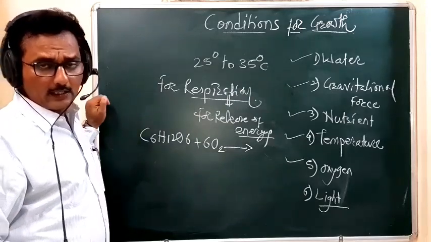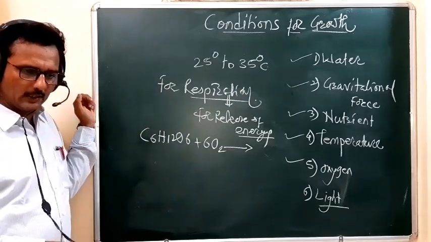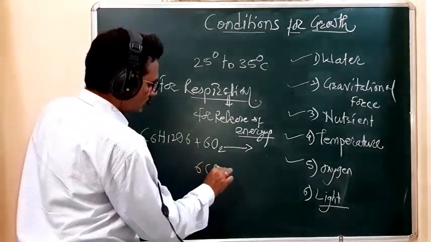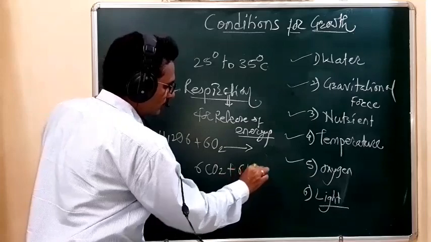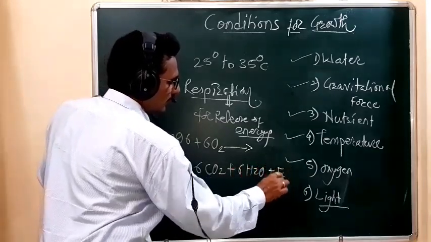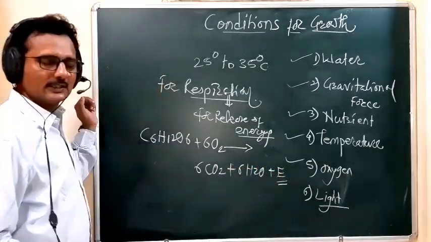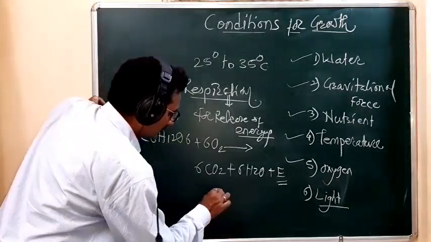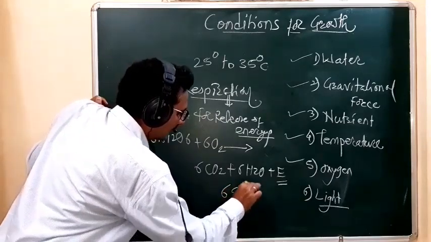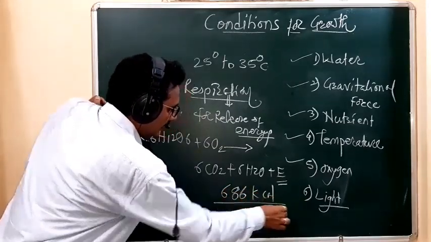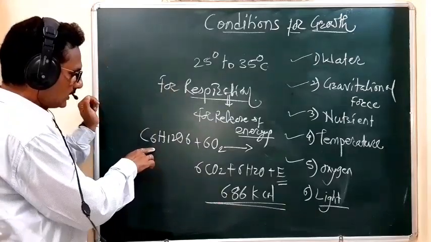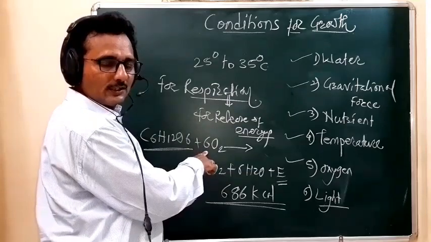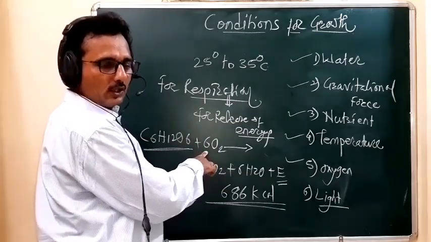There is a formation of carbon dioxide and water, 6 molecules of CO2 plus 6 molecules of water, and there is a release of energy. How much energy is released from a single glucose molecule? Remember, students, 686 kilocalories of energy is released from a single glucose molecule when it undergoes oxidation in the presence of molecular oxygen.